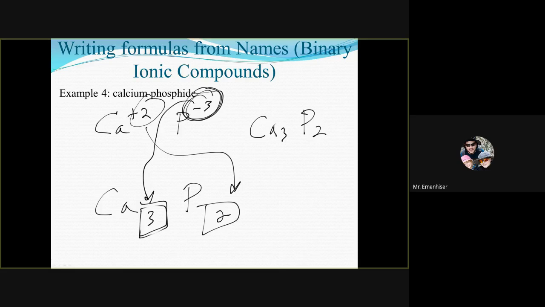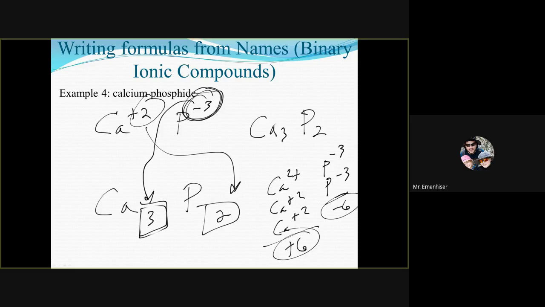Now let's check those charges. Calcium, if I have 3 calciums, each a +2, that gives me a total +6. Let's look at the phosphorus. I got 2 phosphorus, each is a -3. Ooh, a -6. Look at that, equal and opposite charge. So you can do it by reasoning, by adding one of the other ions until you get the equal and opposite charge, or you can do the cross trick.